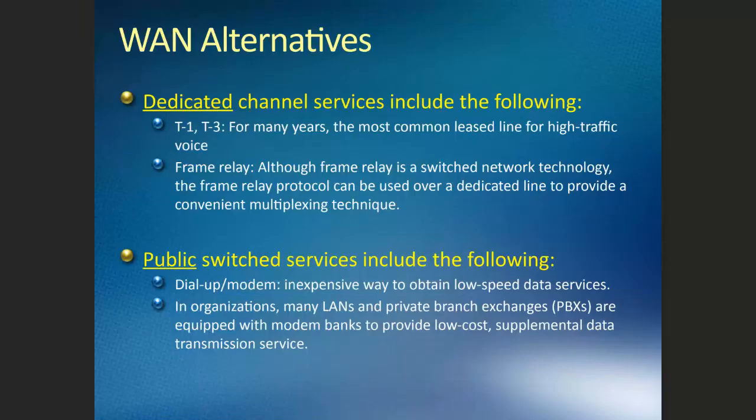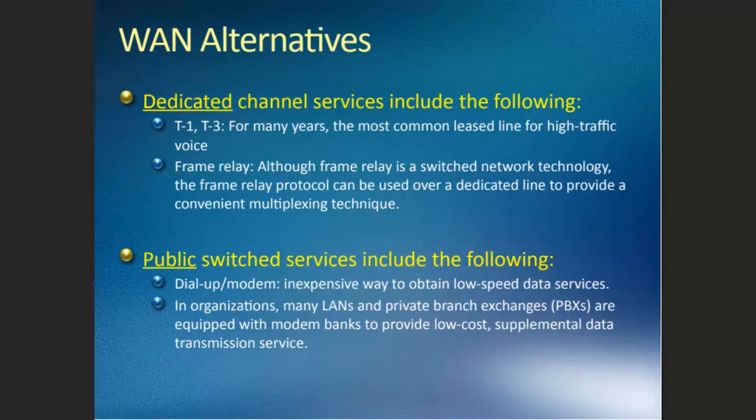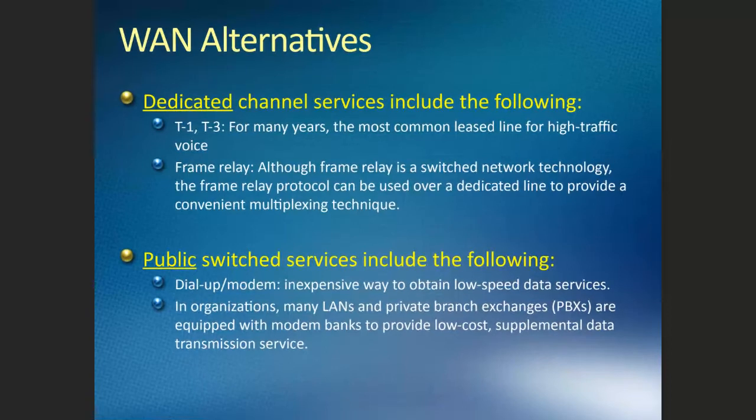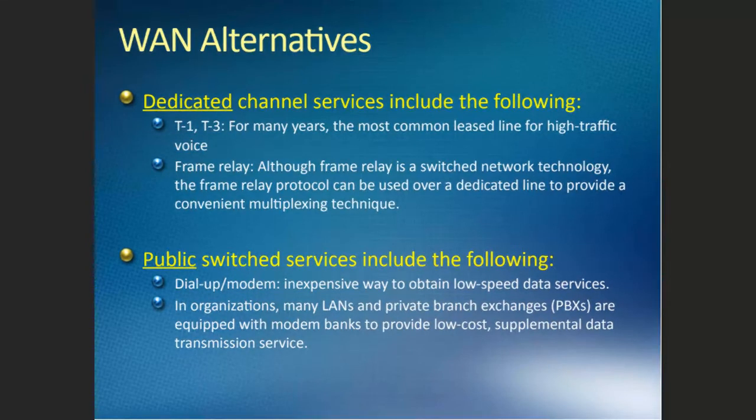What are the WAN alternatives? We can have a dedicated WAN or dedicated channel like T1 or T3. T1 and T3 are WAN connections. For many years, this was the original method to get high traffic, high speed.